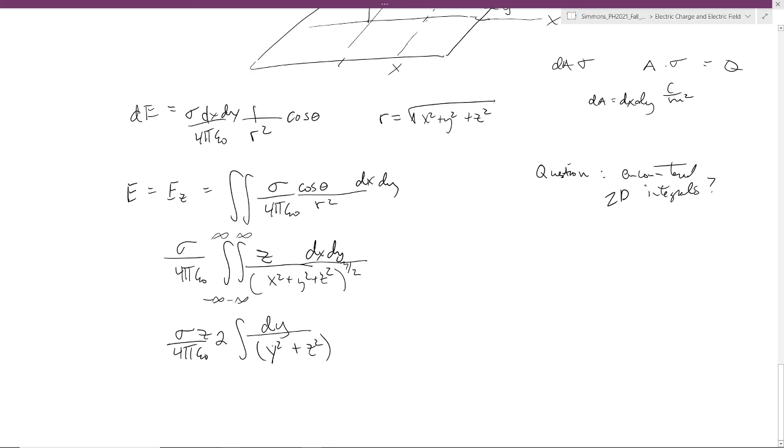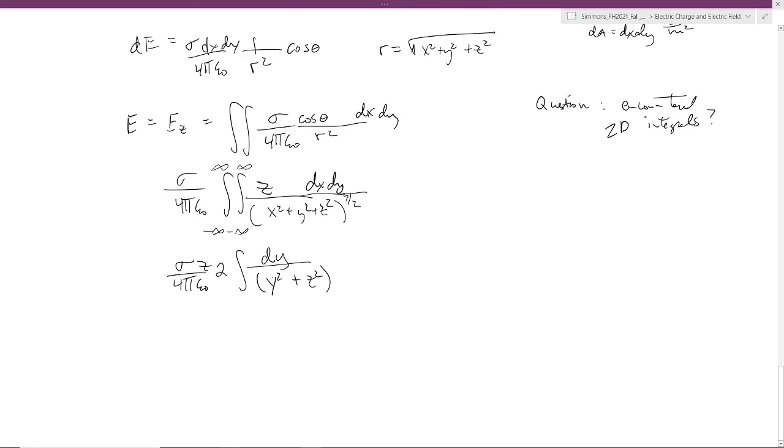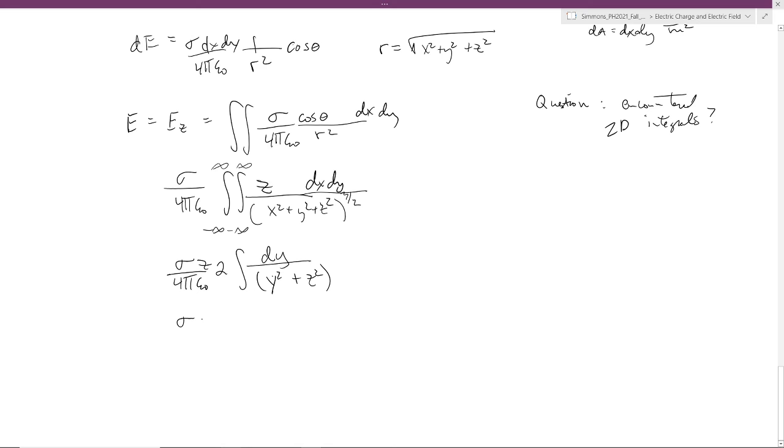And when you do the y integration, you find that this integral gives you just pi over z.